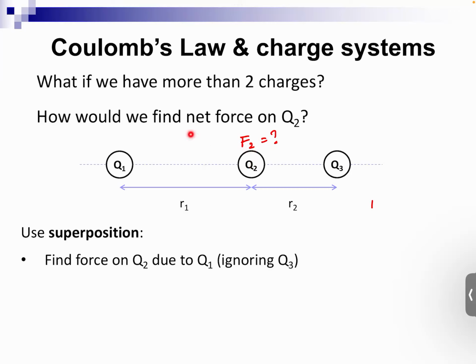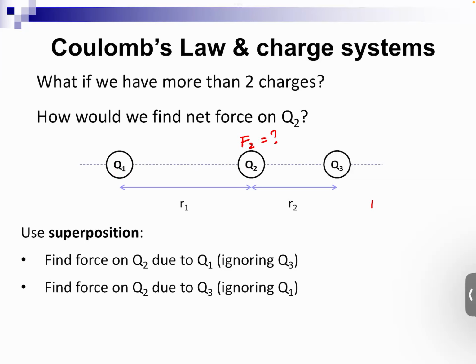So look at 2 charges at a time, find the force on Q2 due to Q1, ignoring the presence of Q3. Use Coulomb's law to find the magnitude, and then do your free body diagram to find the direction involving these 2 charges, Q1 and Q2.